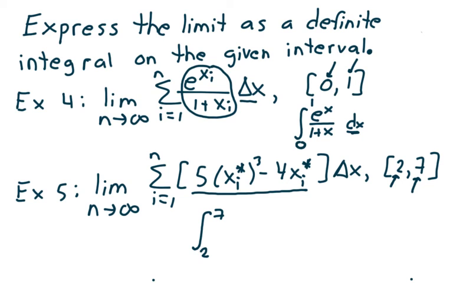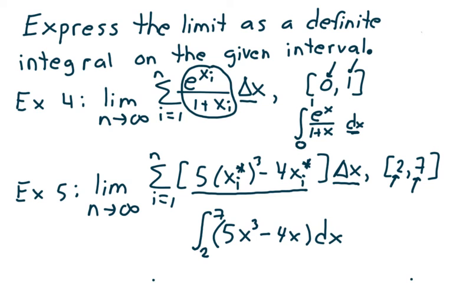So instead of x_i star cubed, and x_i star is basically a sample point, a sample value, I'm going to go 5x cubed minus 4x. The delta x becomes dx. That's it.